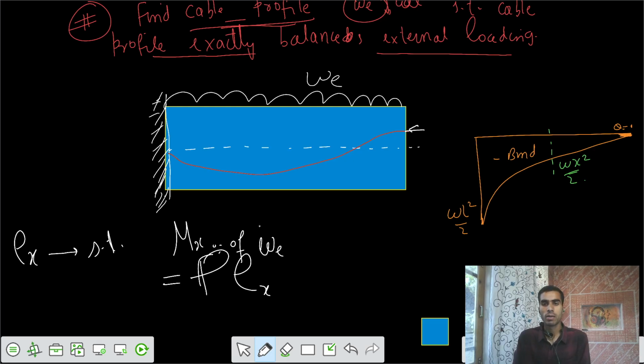So I'm applying that P somewhere here, and I have some eccentricity at any location. Let's say I take any section at that location; the eccentricity is some value E or Y, such that your external moment can be balanced by P into some value of Y, so that your profile is exactly balanced.